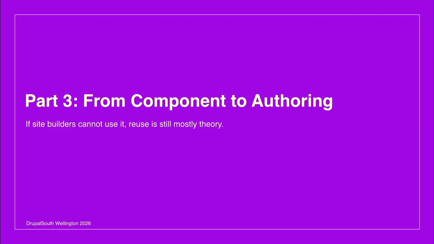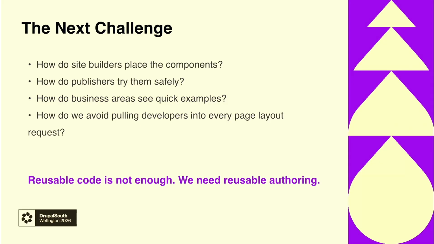So the section moves from developer-facing components to site builder-facing authoring. We are a very small team. A developer can create a component library, but someone still needs to show it, expand it, place it, and configure it.